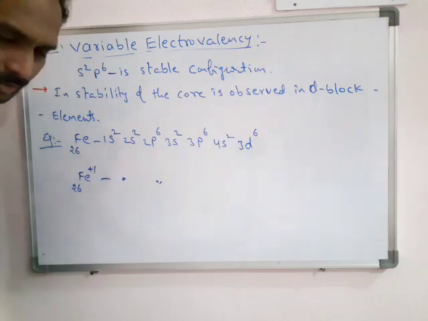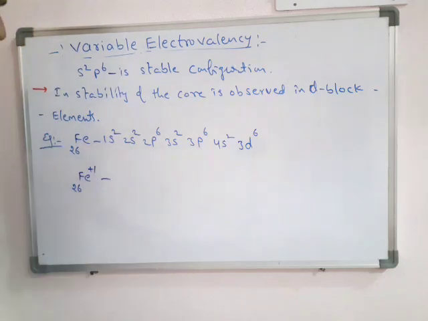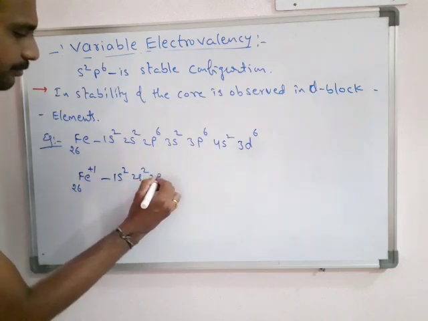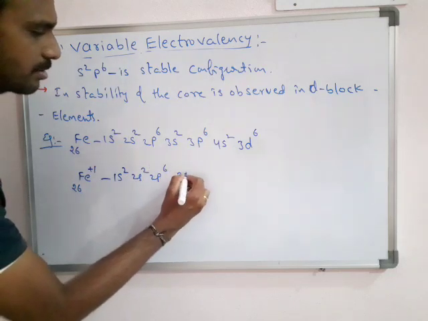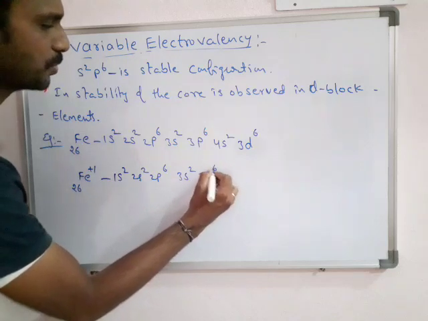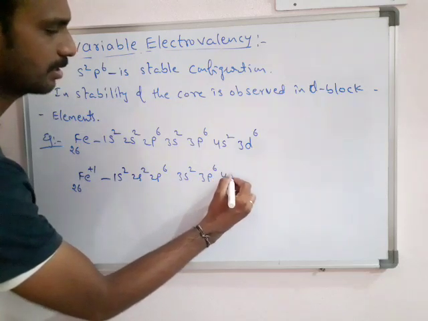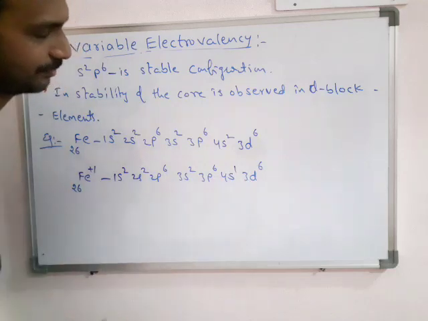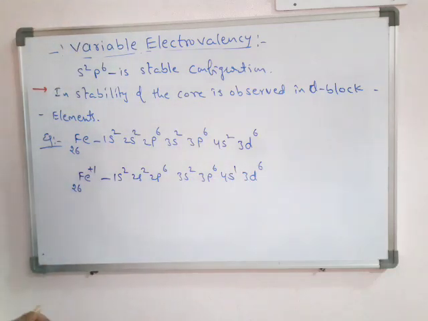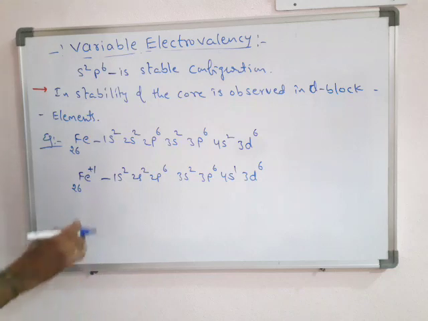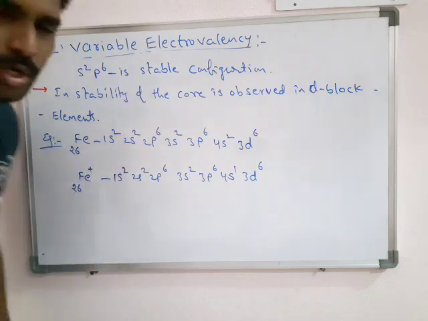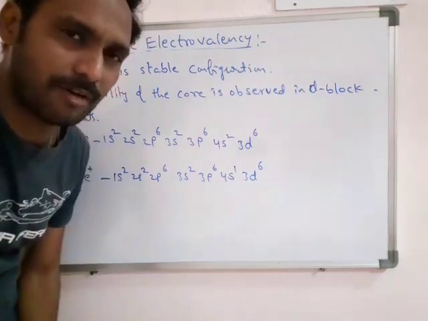We have to write from 3, so 3s2 3p6 4s1 3d6. So Fe plus 1 is not at all possible generally. Generally, no compound is possible with Fe plus 1.